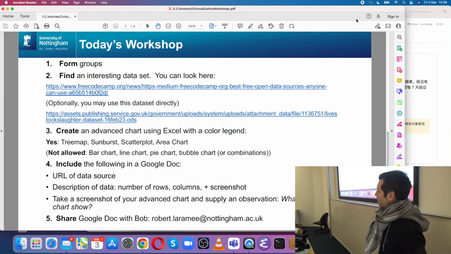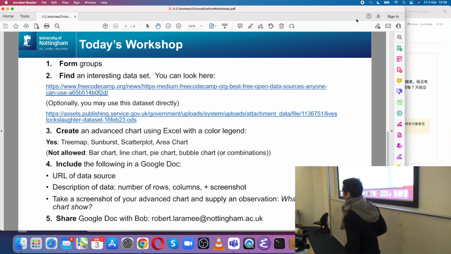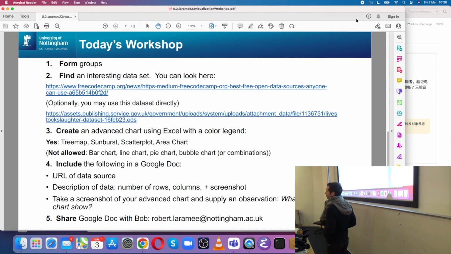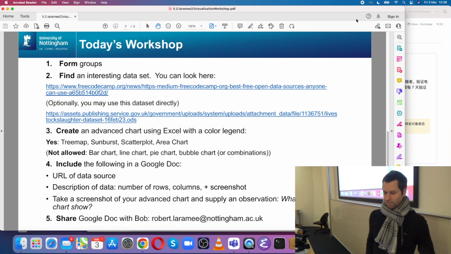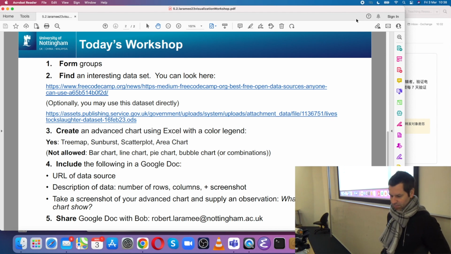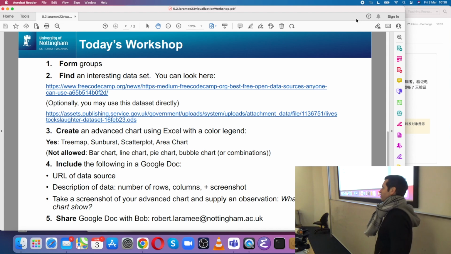If I were to guess, I think the area charts are probably easier ones. And scatter plot. Scatter plot's going to be an easier one too.